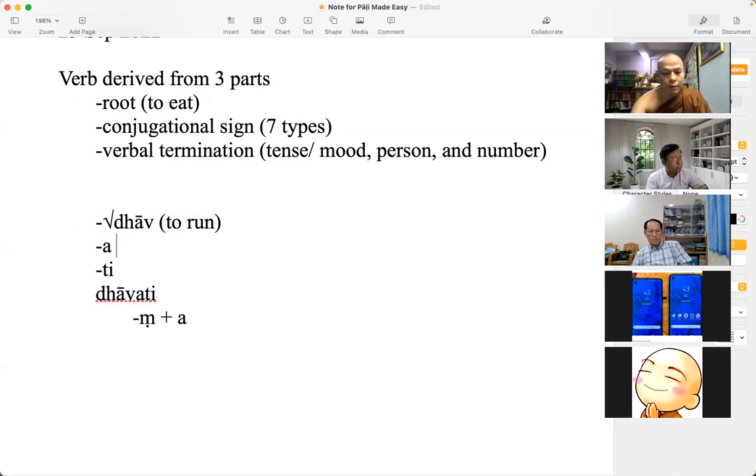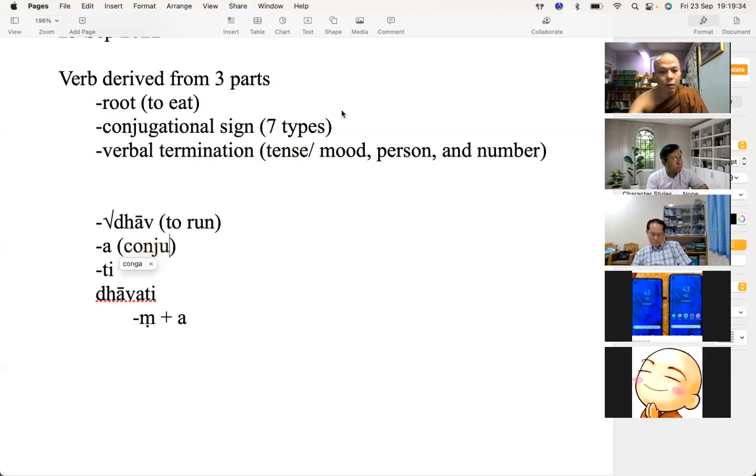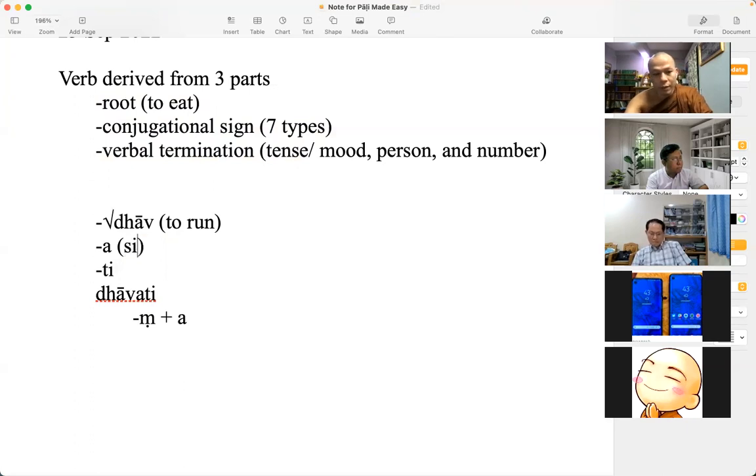So a is the conjugation sign. I write the short form, that sign. Now ti is the verb termination, so that means VT. This VT is present tense, and then the person, and then singular.